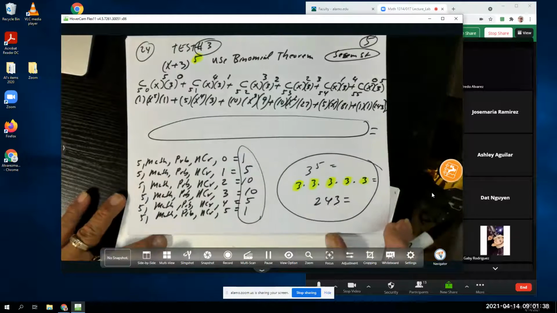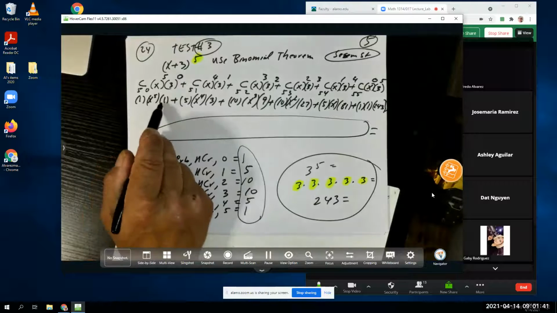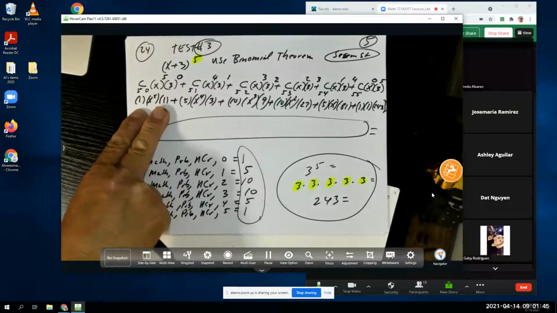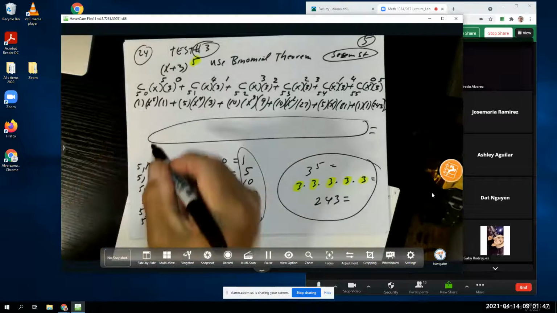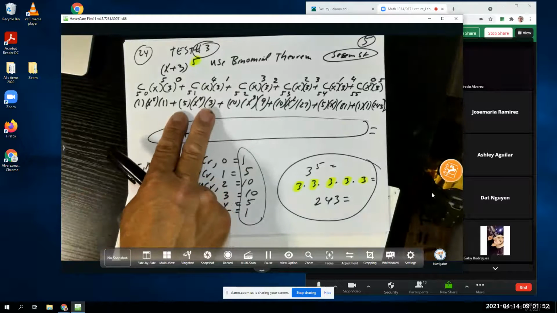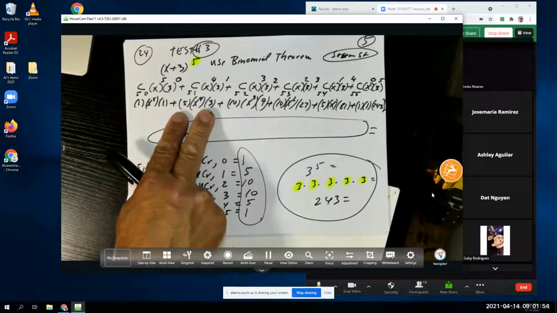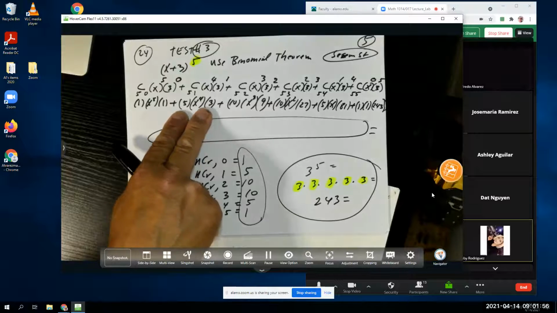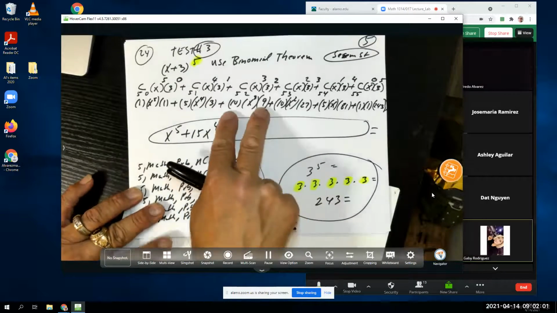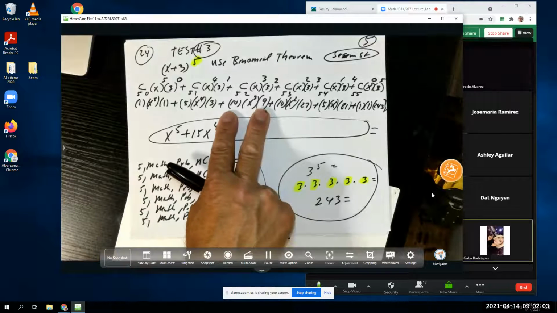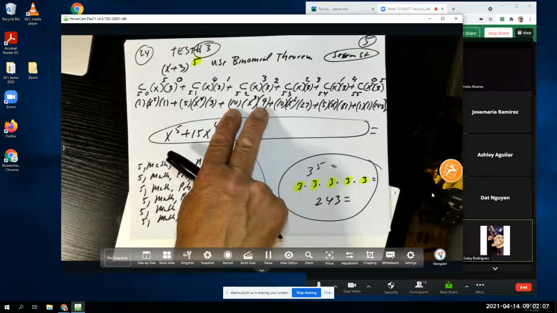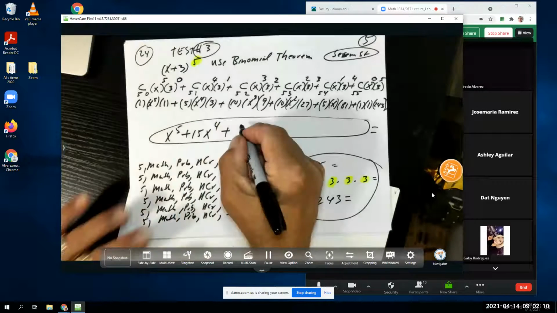Let's do the answer. Ready? 1 times x5. What do you think this is gonna be right here where my fingers are? x5. 1 x5. Okay. The next one, what do you think 5 times 3 is gonna be? 15x. Yeah, 15x, make the power smaller. Next one, 10 times 9 is 90. There you go.